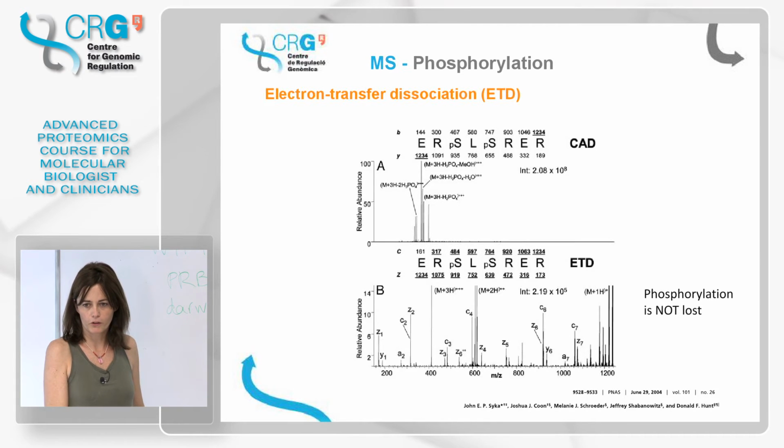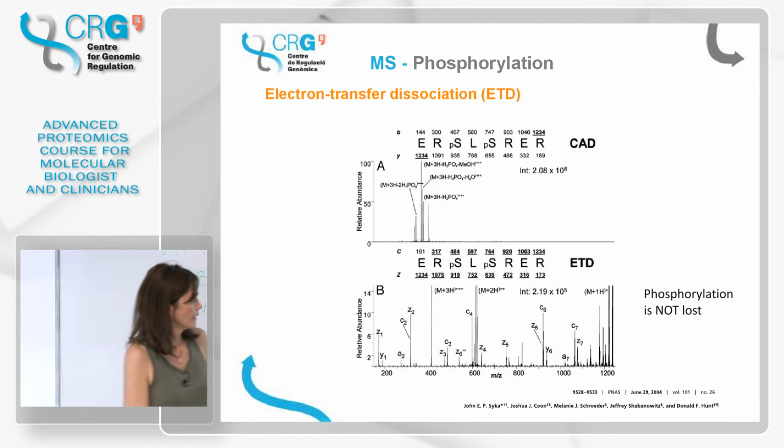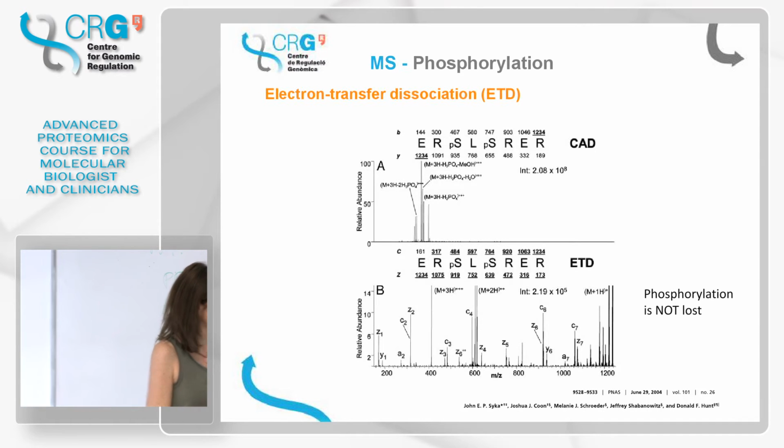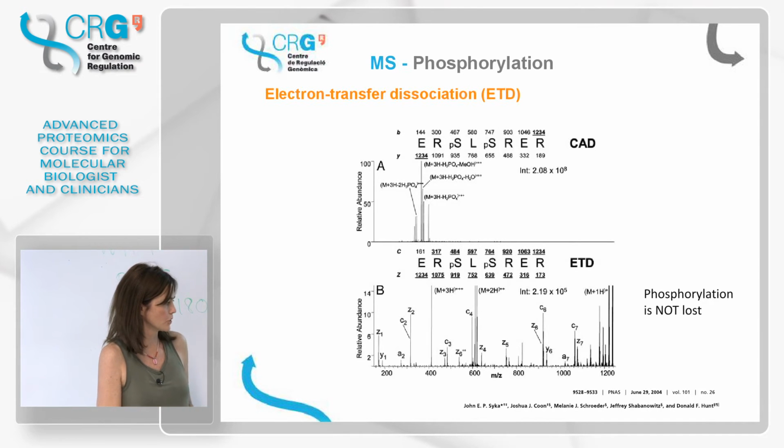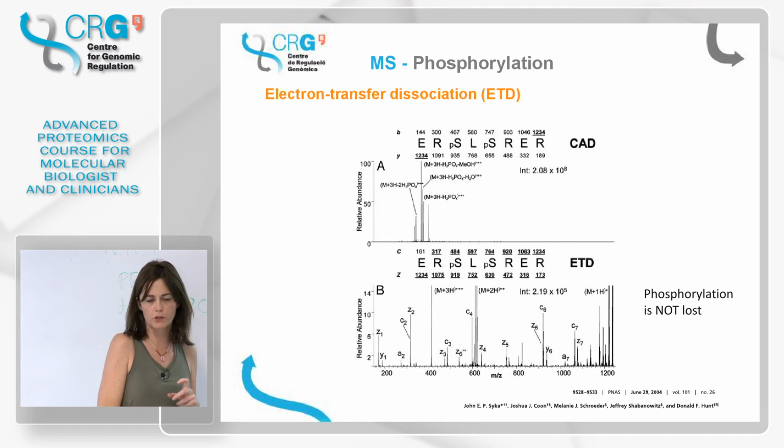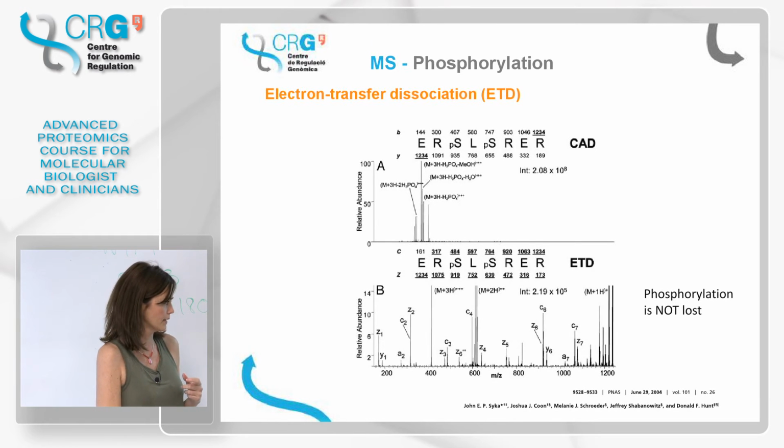This is another way of fragmenting peptides that you probably heard also yesterday, that is ETD, the electron transfer dissociation. As you heard, the fragments that it gives are not the Y and B ions, because it fragments not in the amide bond, but in another one. So the ions that it gives are the C and the Z. And the advantage of this method is that the phosphorylation is not lost.